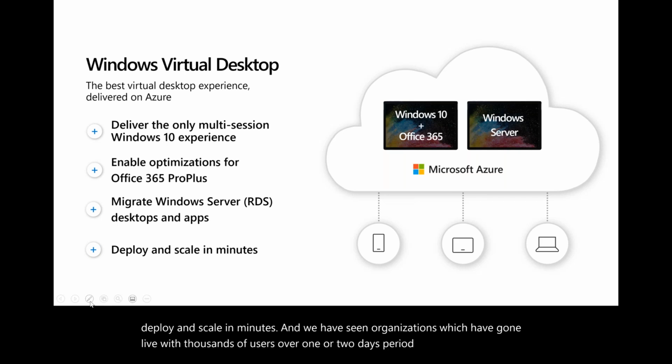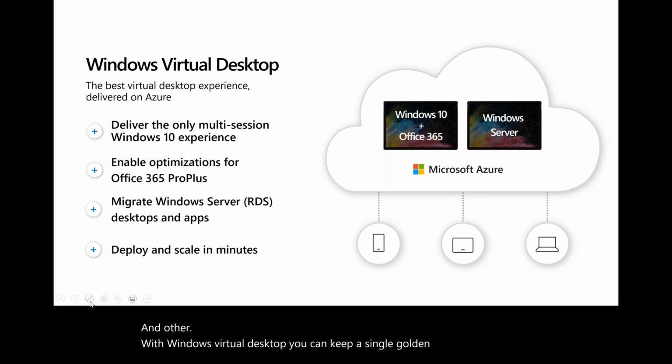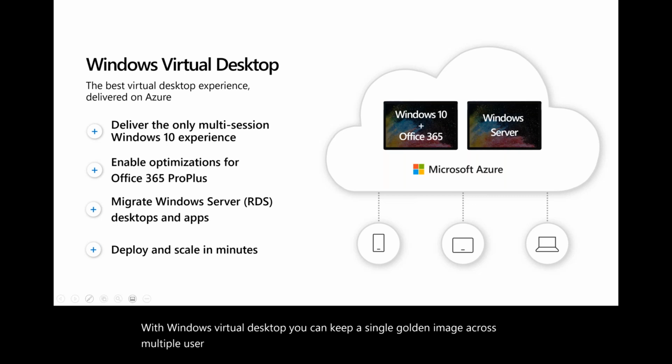Unlike a regular scenario where you have to spend a considerable amount of time and procurement lead time to procure the machines, load them with operating system and applications and other software, with Windows Virtual Desktop you can keep a single golden image across multiple user groups, and because it is provisioned in cloud, it essentially happens on the fly.